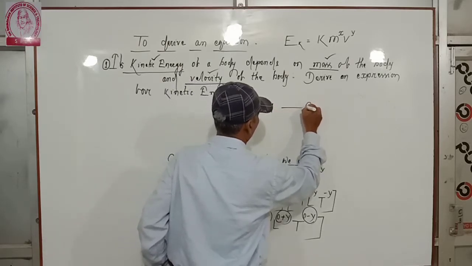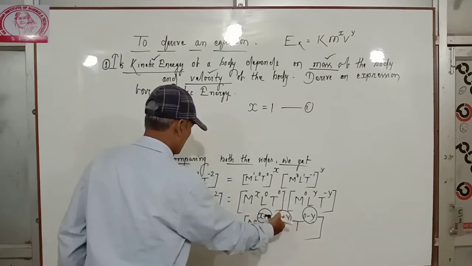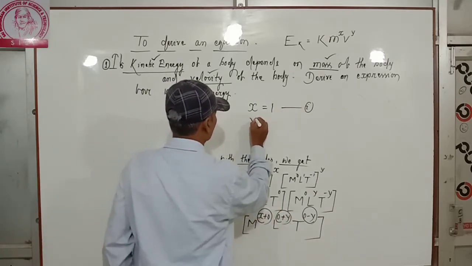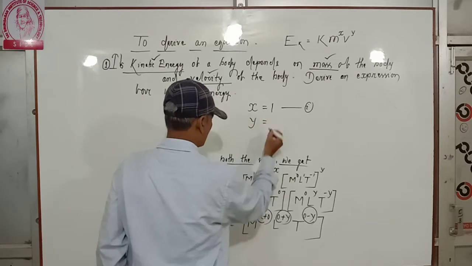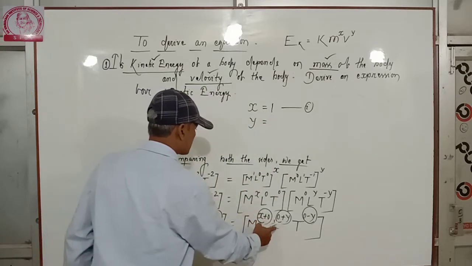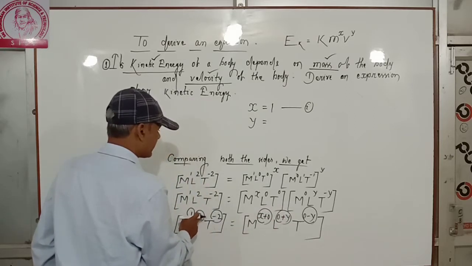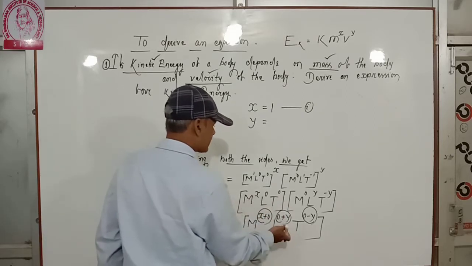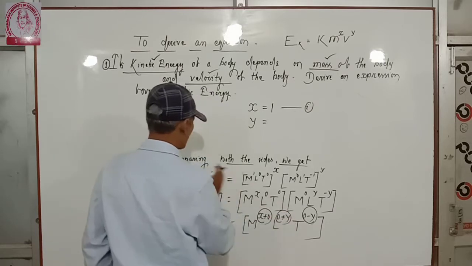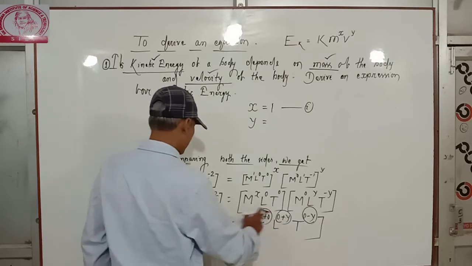equation I. The next, 0 plus y means y is equal to, here l to the power 2, here it is L to the power y, means the power of L is here 2. In RHS the power of L is y. So comparing both the sides means you have to equate. So now y is equal to 2.